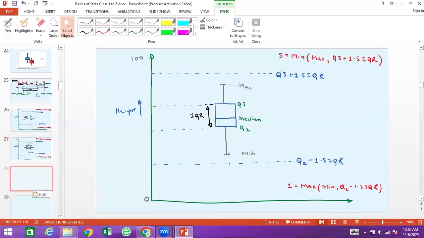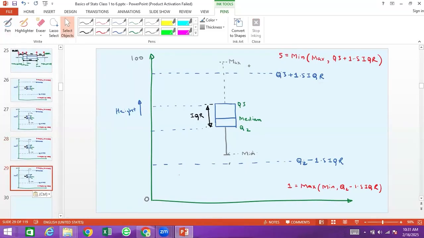Let's discuss one more scenario, where the maximum value is actually greater than this. This is the maximum value. So ideally the box plot should have been this. Now between the maximum value and Q3 plus 1.5 IQR, which one is the minimum value?